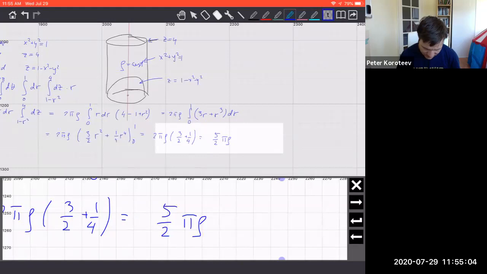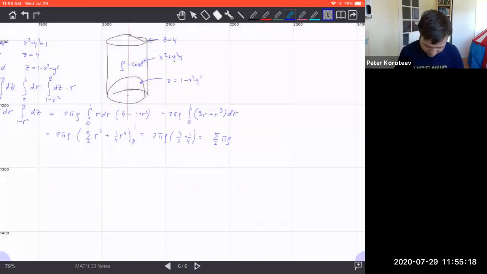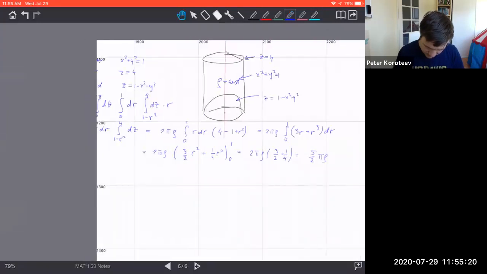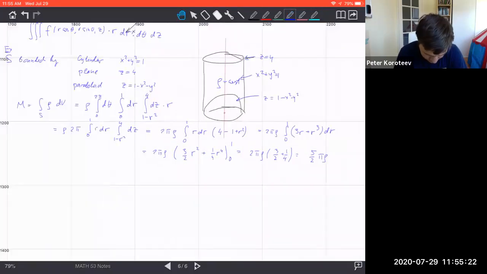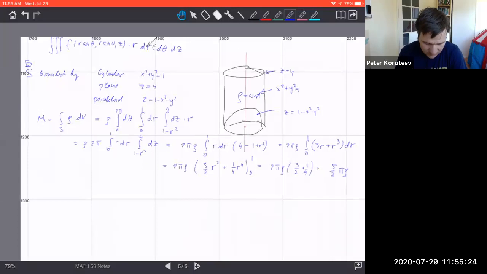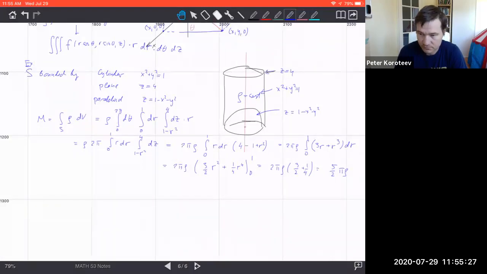Yeah, so that will be the mass of the cylinder with this half sphere. Well, it's not exactly a half sphere, with this paraboloid thing removed. Yeah, this is how this works. Any questions? So yes, the best way to master this is to practice.